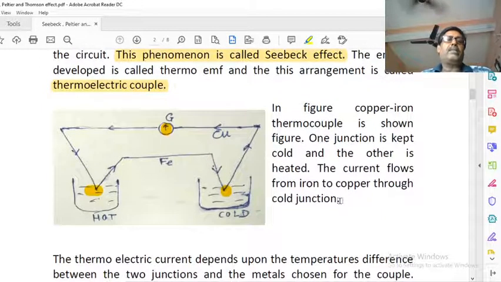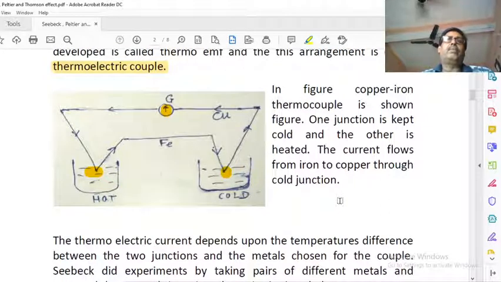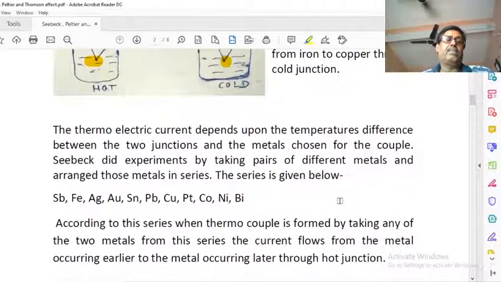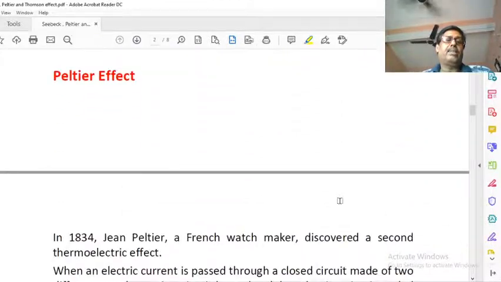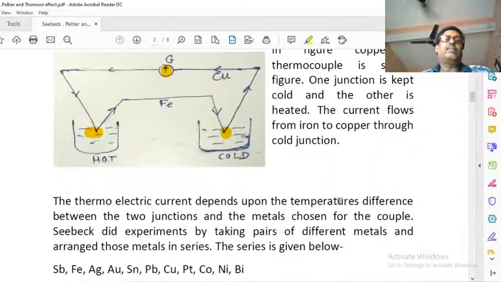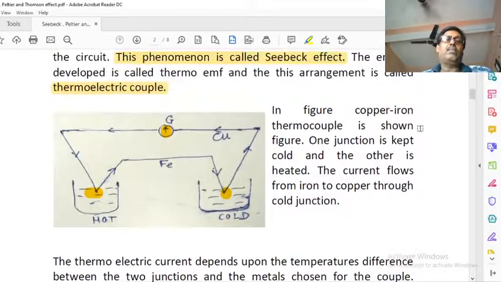You will be surprised to know that the voltage or EMF which is developed here is extremely small, of the order of 10 to the power minus 6 volt, and this is not useful for any practical purpose.